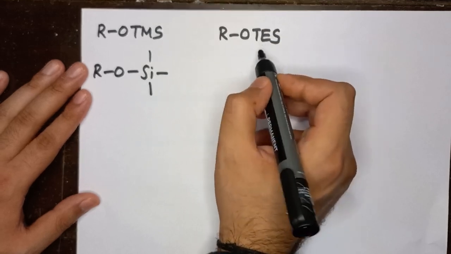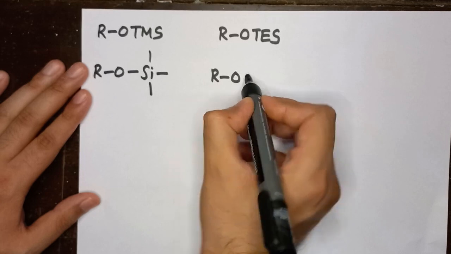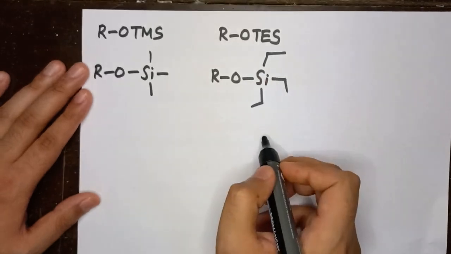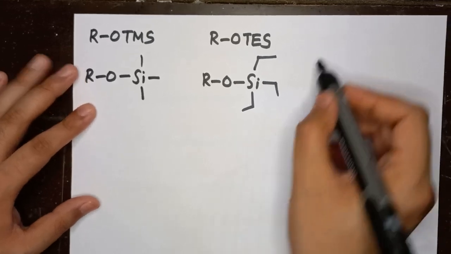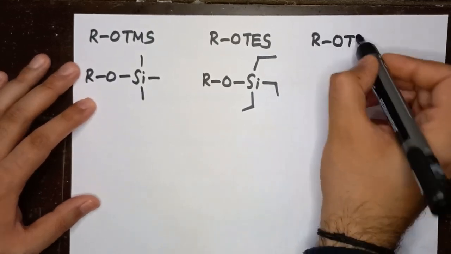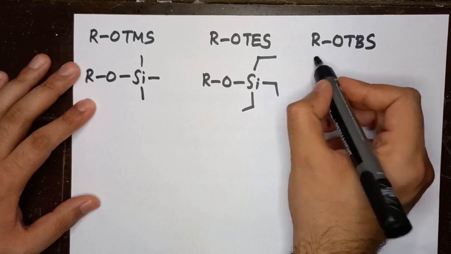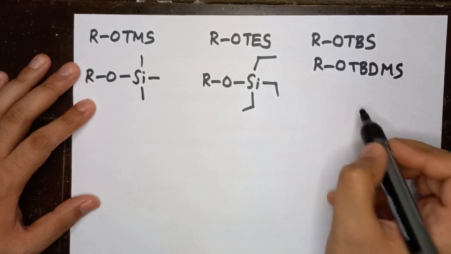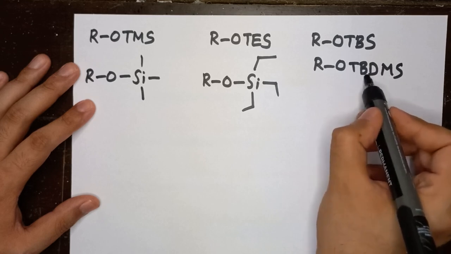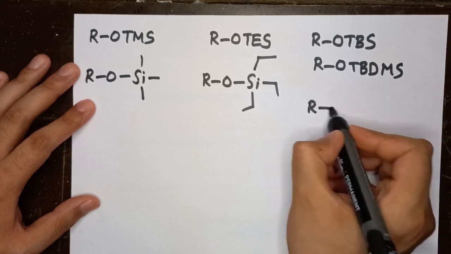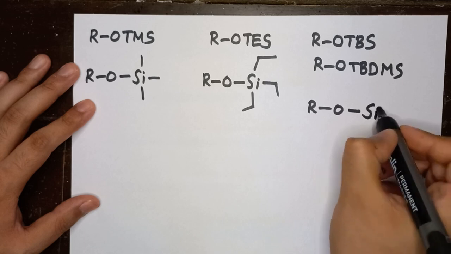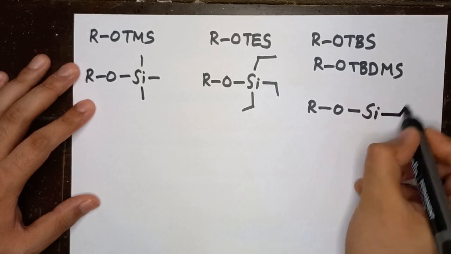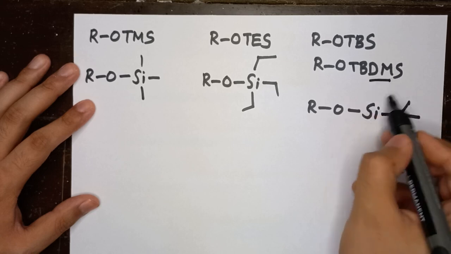TES is basically triethyl: RO silicon triethyl group. Then we have ROTBS, which can also be written as ROTBDMS. TBDMS stands for tertiary butyl dimethyl. So we have silicon bonded to a tertiary butyl and a dimethyl group.